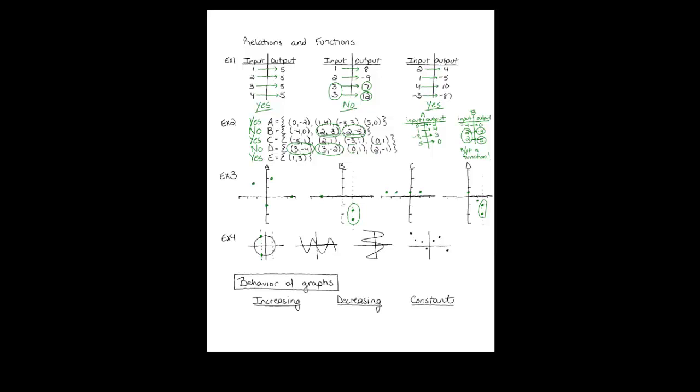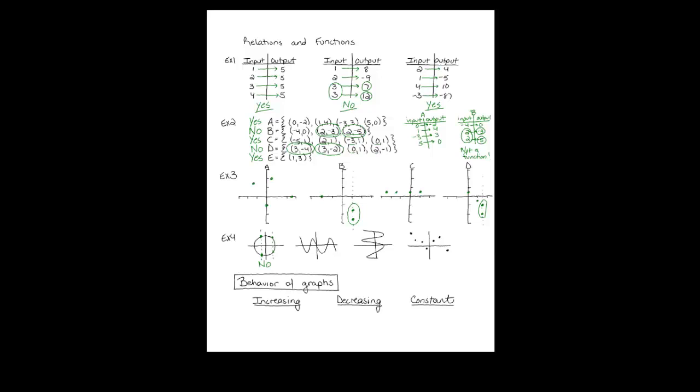This would happen if we did the vertical line over here or at any other spot on the graph. If at any time the vertical line hits more than one point at once, then it's not a function. So this first one, this circle, is not a function. We have the case where a single input has more than one output.